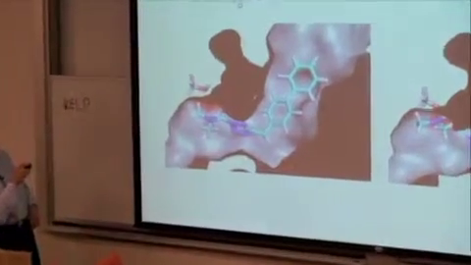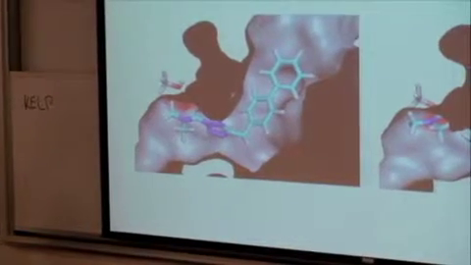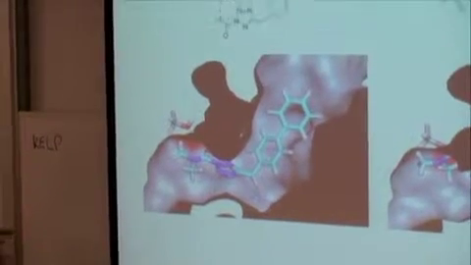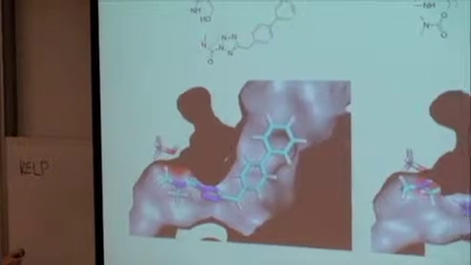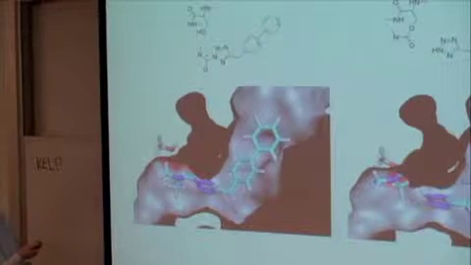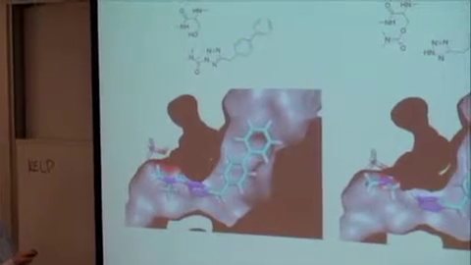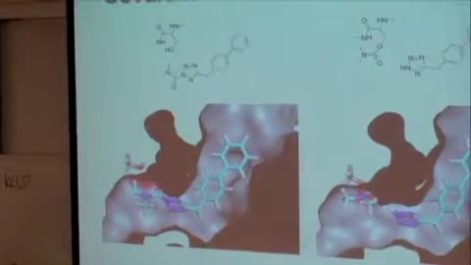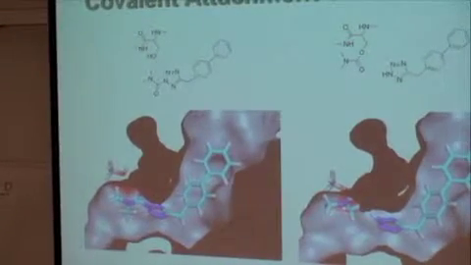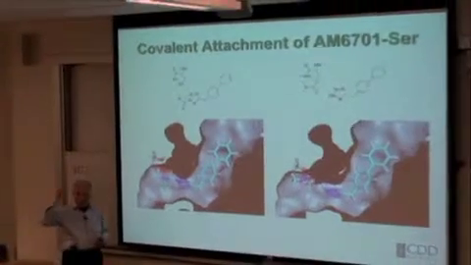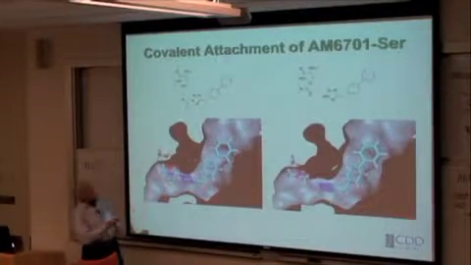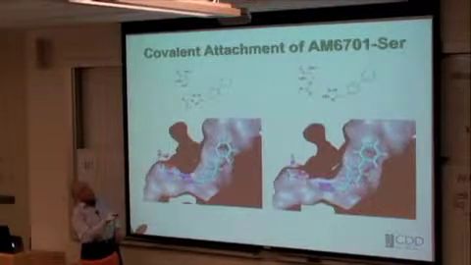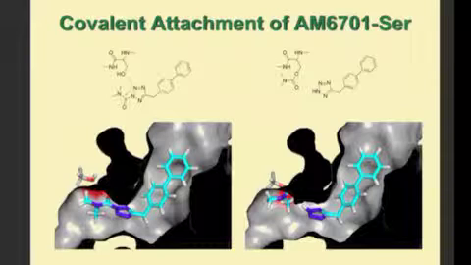Then this serine attacks it here, breaks this bond, and this piece goes and is attached to the enzyme. This piece goes away. So the enzyme has cut this molecule in two, and it got saddled with this piece. Because this piece of the molecule is sitting in the enzyme, the enzyme is unable to perform its function; it becomes inhibited.